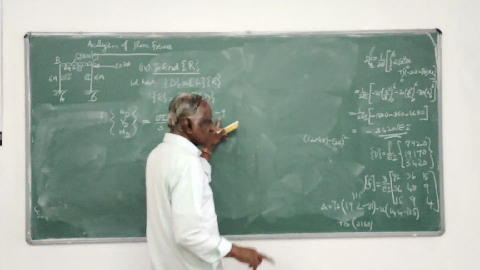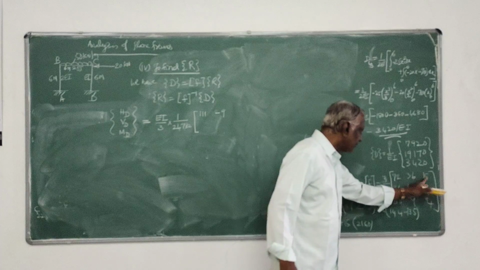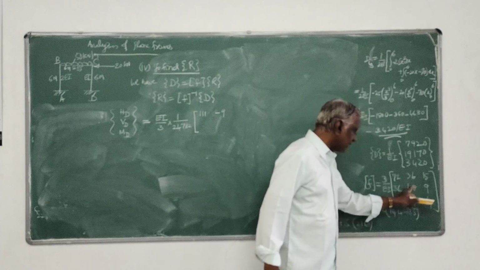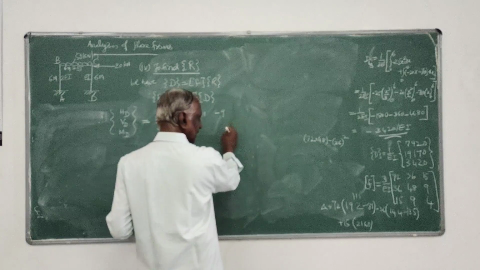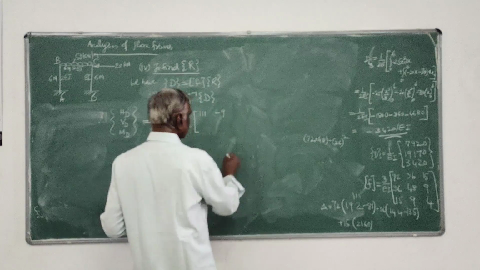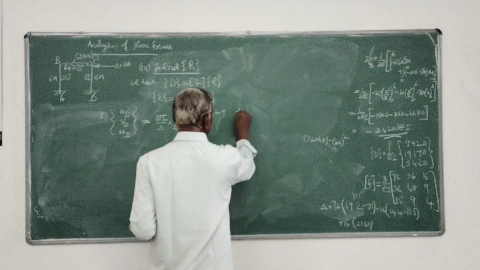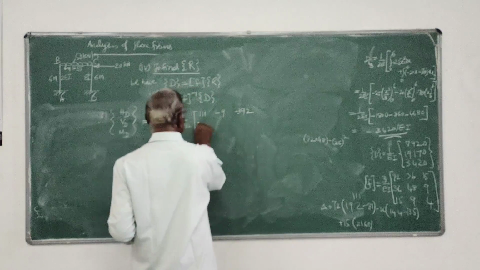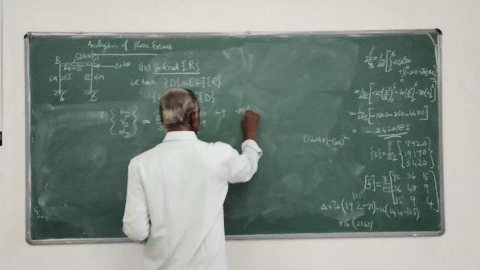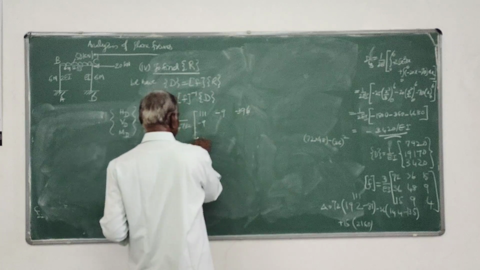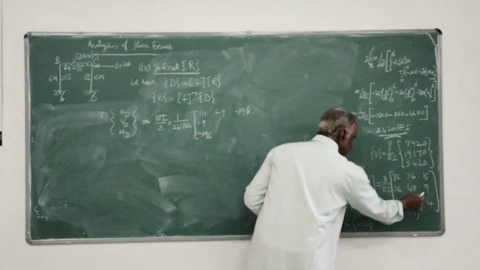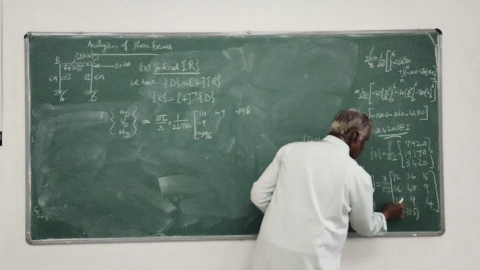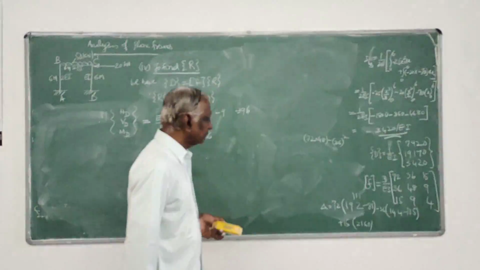That minus, of course. Then this, 36 into 9 minus 15 into 48, that is minus 396. Then this element, 72 into 4 minus 15 squared.